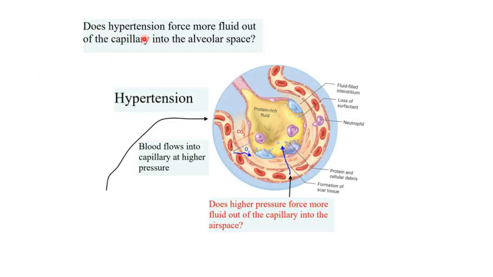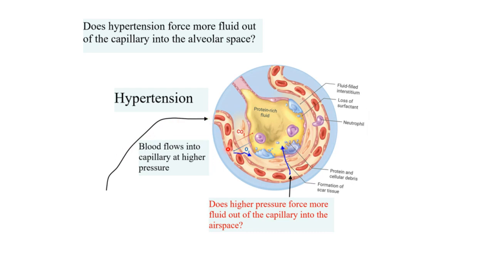Does hypertension force more fluid out of the capillary into the alveolar space? It is now generally accepted that hypertension is one of the comorbidity factors for COVID-19. So a question is being asked, if the person has hypertension, that means the blood arrives at a higher pressure at the lung capillary.